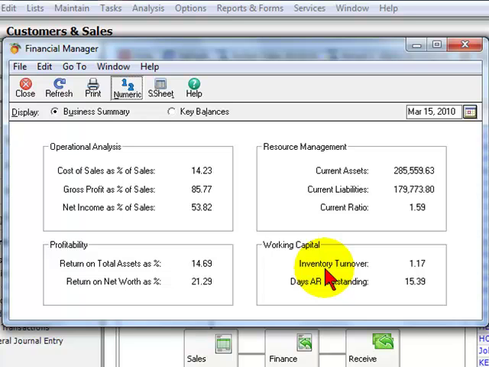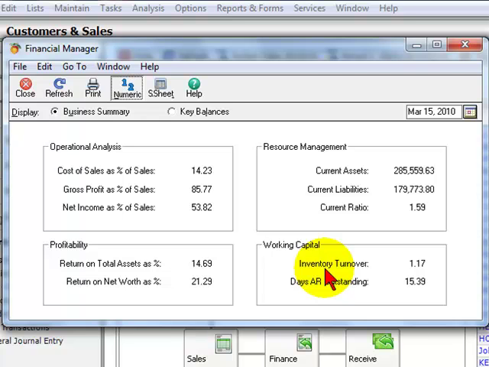Let's just say during a certain period that we have $10,000 of average finished products in inventory during the month. Well, let's just say that for a certain period the cost of goods sold was $10,000 and that the average finished products inventory during this period is $1,000.